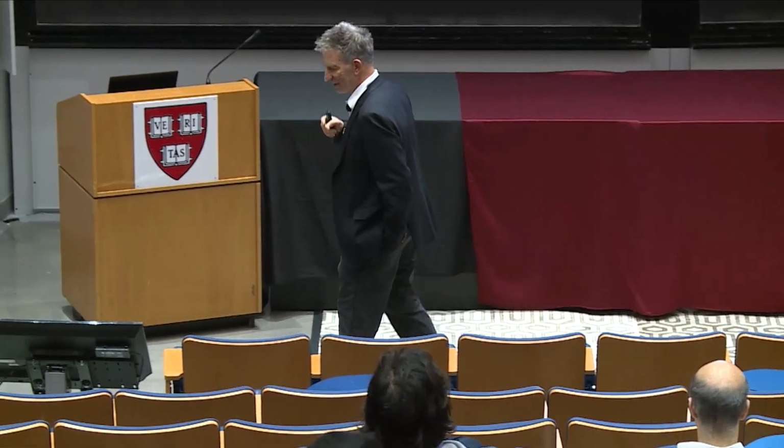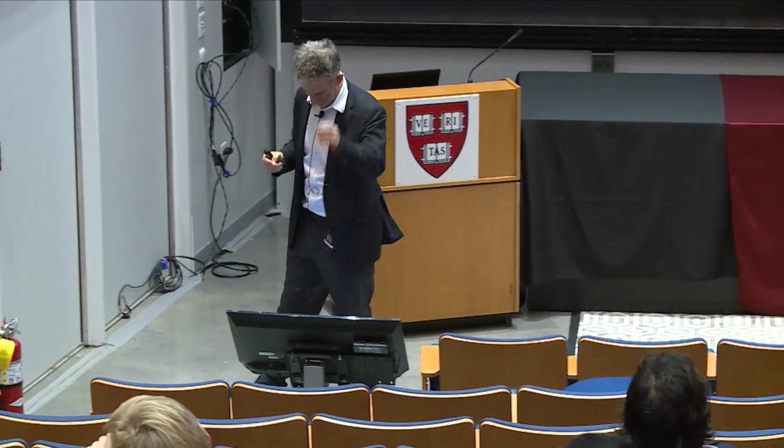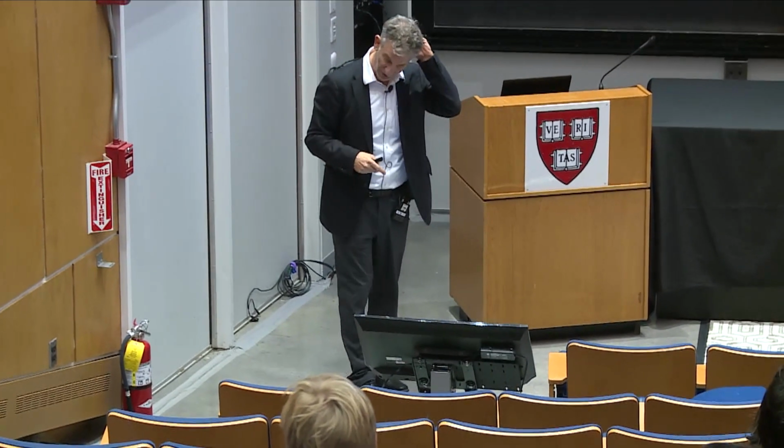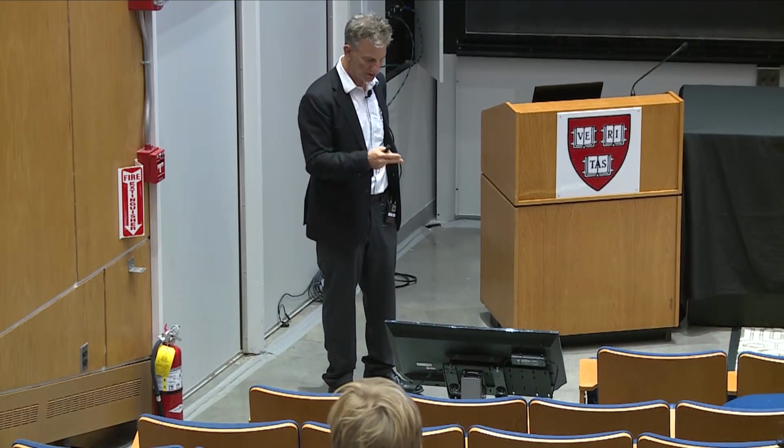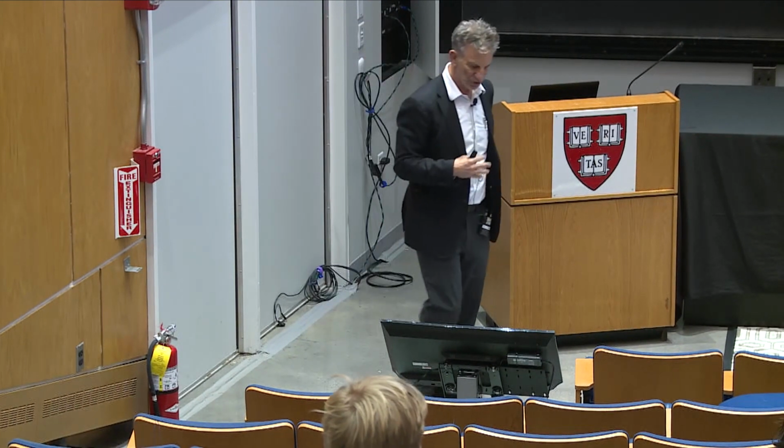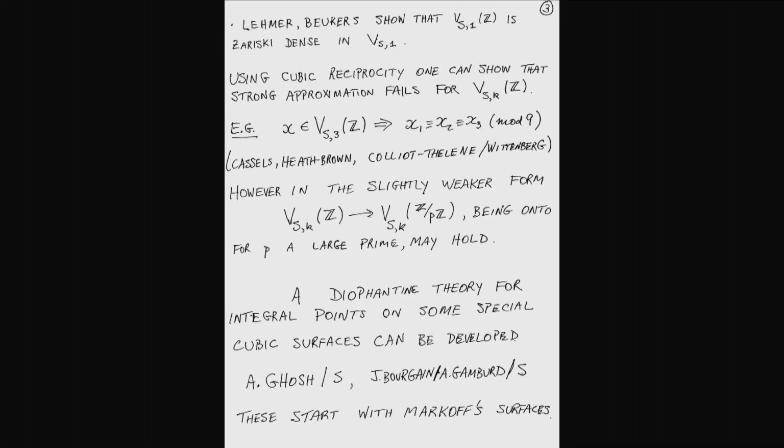So what I want to explain here is a theory that I started working on with Gamburd and Bourgain years ago, and recently with Ghosh, which is a cubic form which comes from Markov surfaces and is quite rich, and for which I would say we have the beginnings of a Diophantine theory.